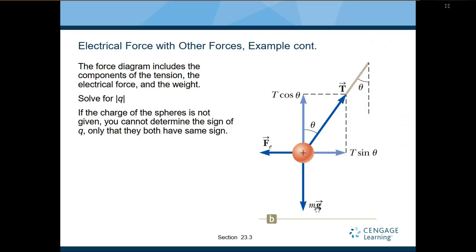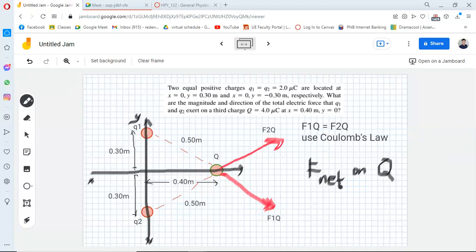Ito kanina yung pinapahanap. Solve for this Q and this part. Find the net. Itutuloy nyo na lang to. Solve nyo yung F1Q and F2Q using Coulomb's law, and then vector addition na tayo, component method to find F net on Q. Alright, so I hope that is clear to everyone. Thank you very much, and I hope you have learned how to use the Coulomb's law.